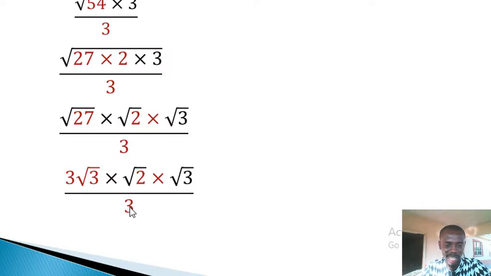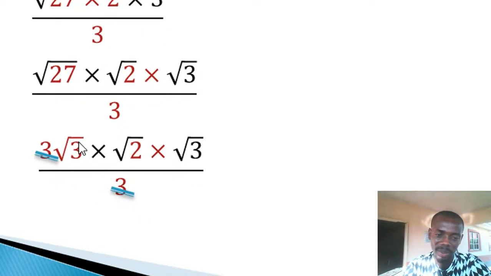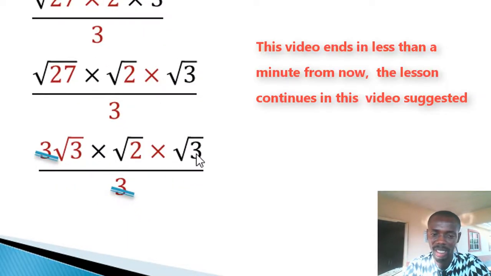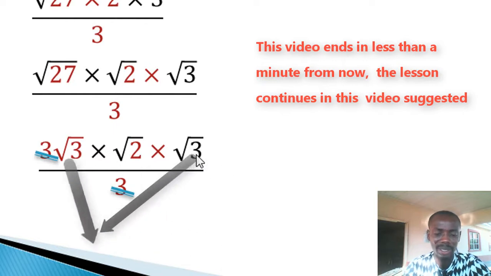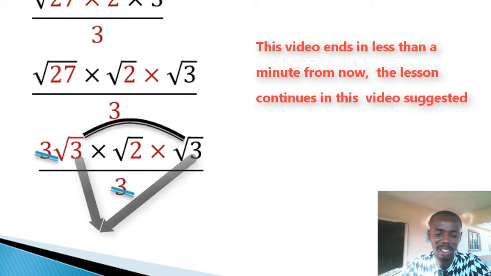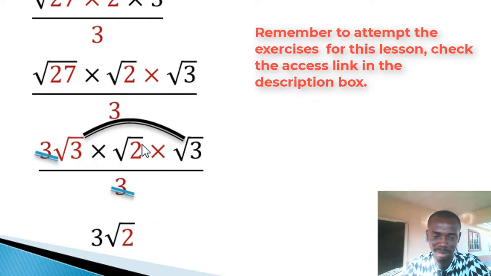Alright, so I'm having 3 and I'm having 3 here, so they can cancel each other. Okay, now for that I'm also having root 3 and root 3 here, so that is going to be giving me what? 3. Okay, then root 2.